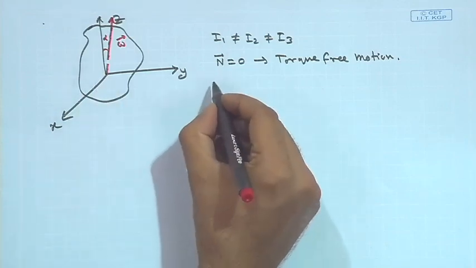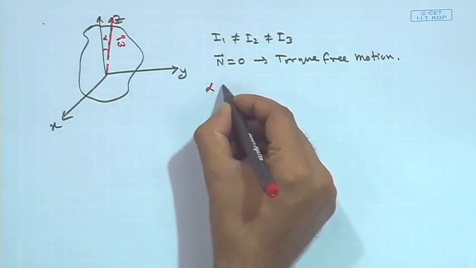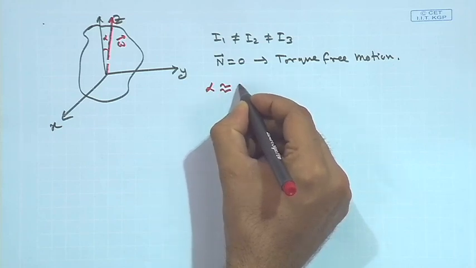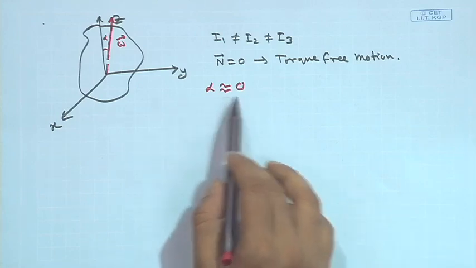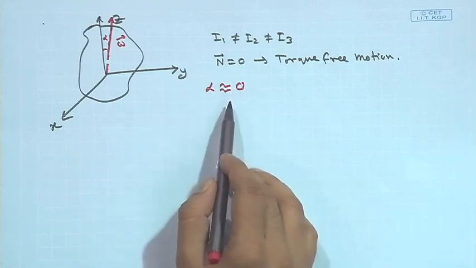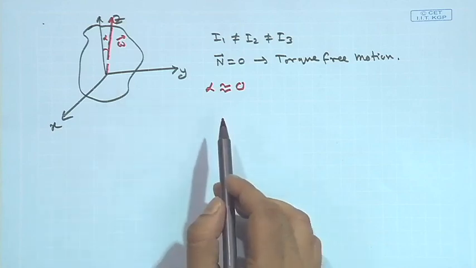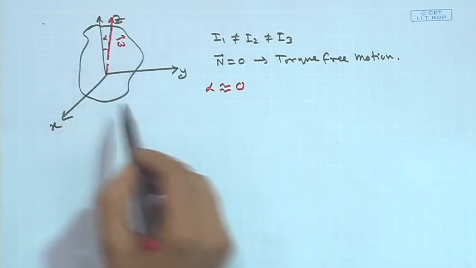Now, our assumption is alpha is very, very small. So, alpha is almost equal to 0. So, that means the axis of rotation is pretty much coinciding with the body z axis and it is rotating.